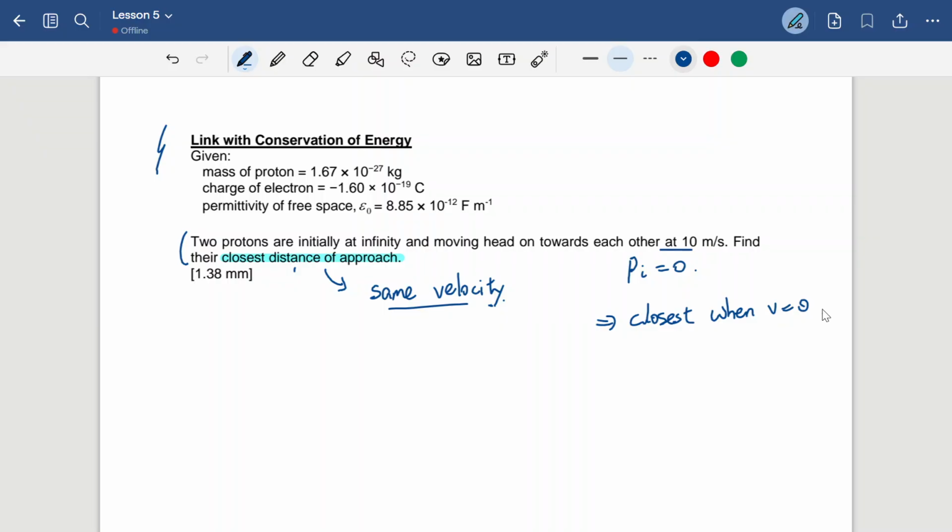There will be one more where one proton is moving and one is stationary. So the closest is when they are moving at the same velocity, 5 meters per second. This one I'll leave it to you all to go home and study conservation of energy. Exactly the same. They are not hard, all the things are written there.